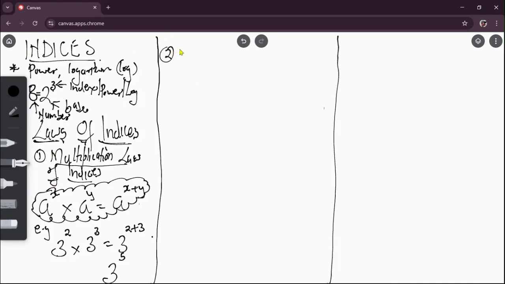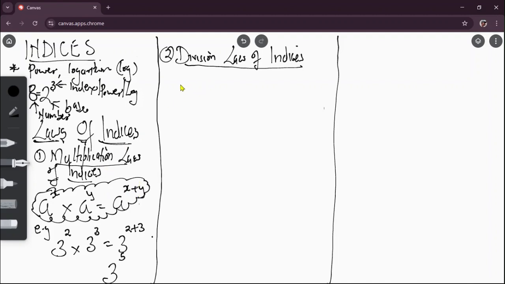Law number 2 is called the division law of indices. And this one is simply the opposite of this. If we divide two numbers with the same base, instead of multiplying, then we subtract their powers.